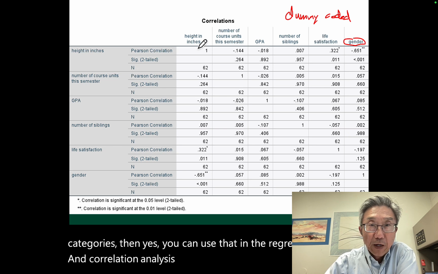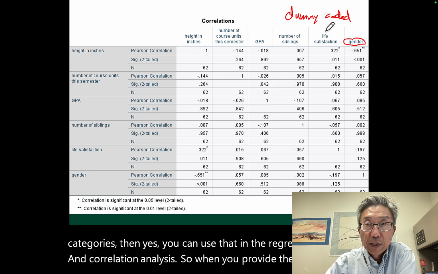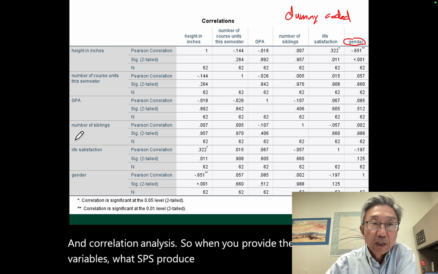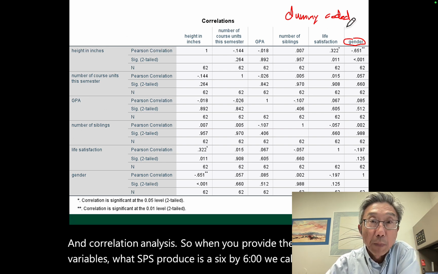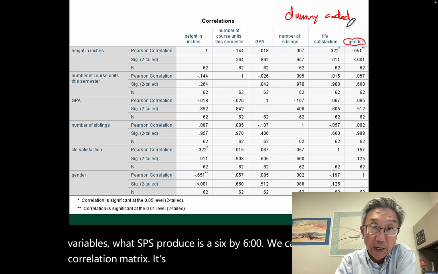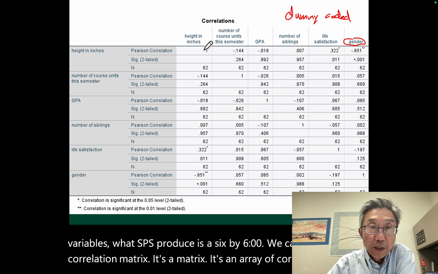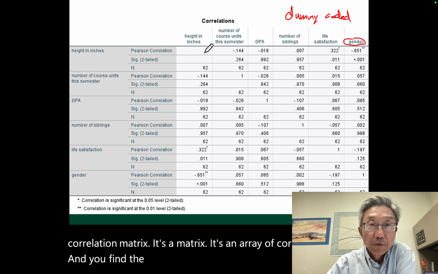So when you provide these 1, 2, 3, 4, 5, 6 variables, what SPSS produces is a 6 by 6 table. We call this a correlation matrix. It's an array of correlations, and you find the correlation at the intersection of 2 variables.